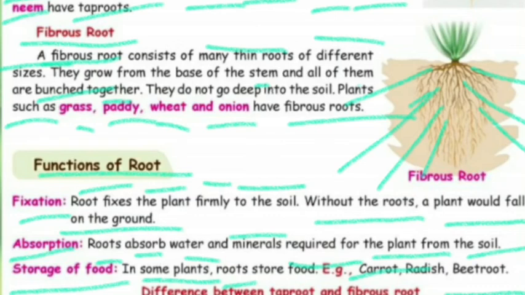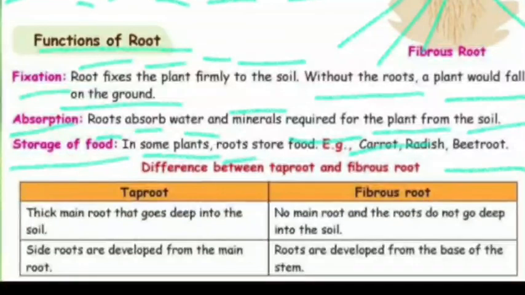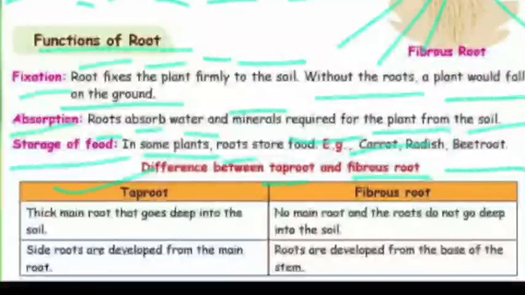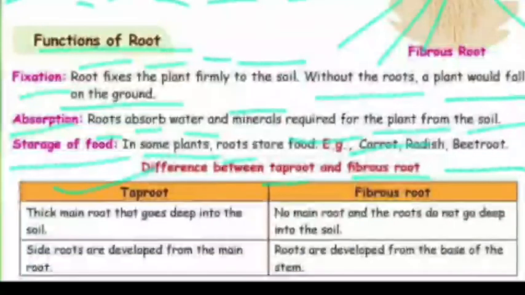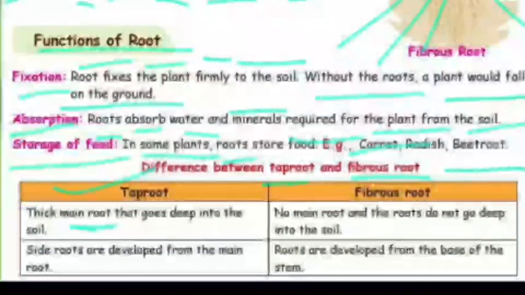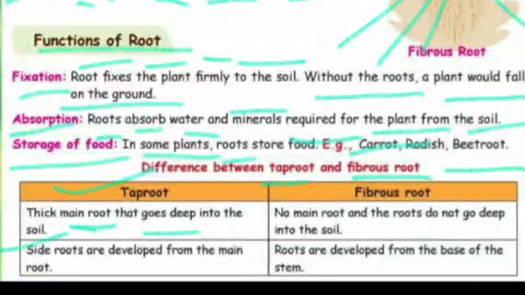Now the differences between the taproot and the fibrous roots. Look here, taproot: a thick main root that goes deep into the soil. Fibrous roots: no main root here, and the roots do not go deep into the soil.